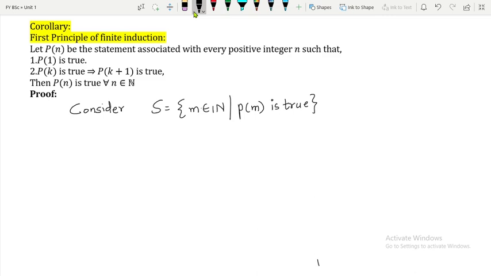My plan is to prove what I have to prove actually. See that properly. I have to prove P of n is true for all natural numbers n. So I have considered this set. Now if I show that this set is exactly equal to the set of natural numbers, then I am through, isn't it? Because it will imply that P of n is true for all natural numbers n.